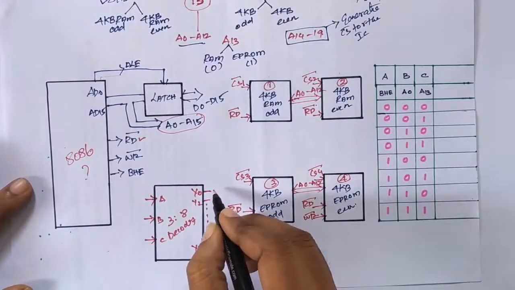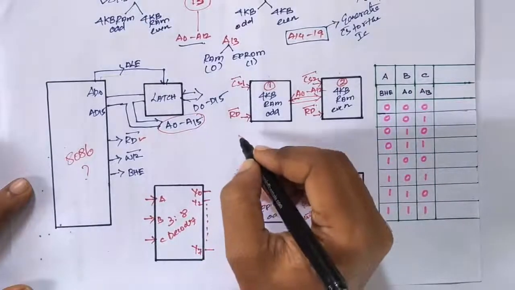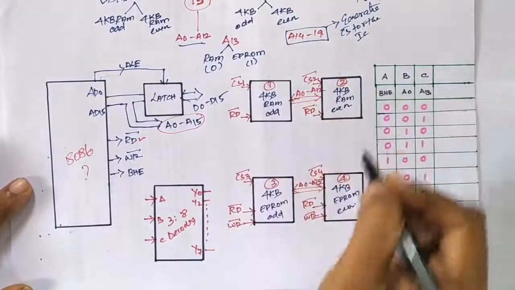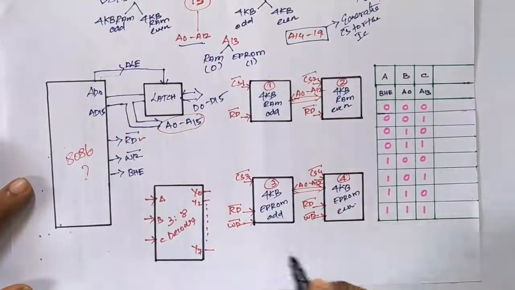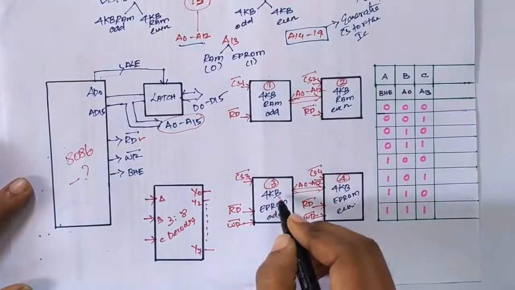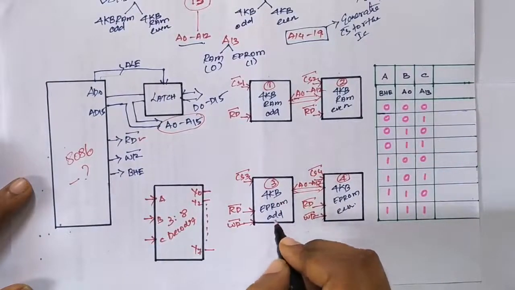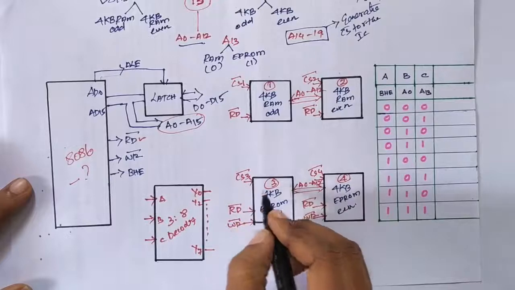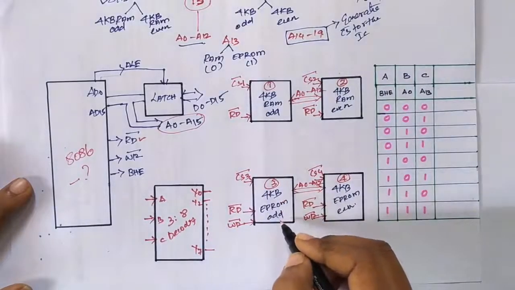Then these lines are connected to the individual chip select signals available in the RAM and EEPROM memories. For example, if my microprocessor needs to access the 4 kilobyte EEPROM odd bank, we need to select the control logic signal to activate only the 4 kilobyte odd bank.